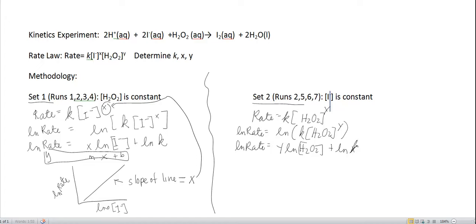So if you look very closely, that again resembles y is equal to mx plus b. That's the equation of the slope of a straight line.